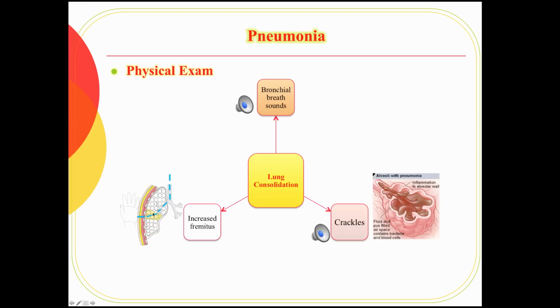But when there's pus and the lungs become more consolidated, they will transfer more strongly, because the transmission is stronger. So that's why when you ask the patient to say 99 or 44 or light moon, you will feel that the tactile fremitus is increased.